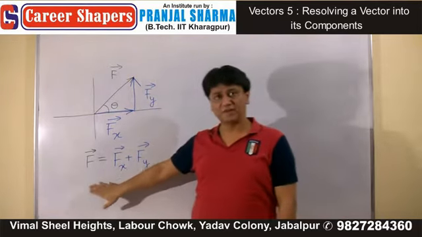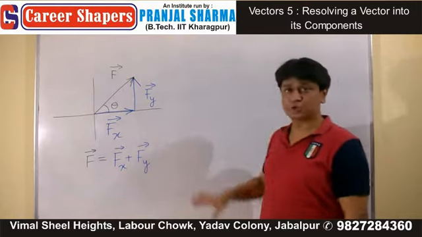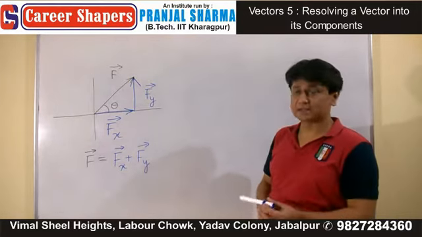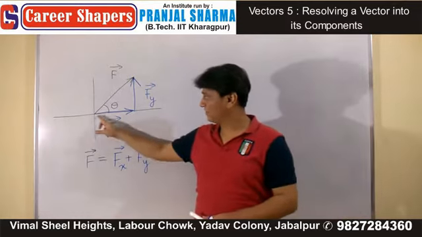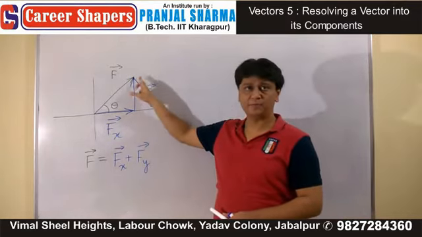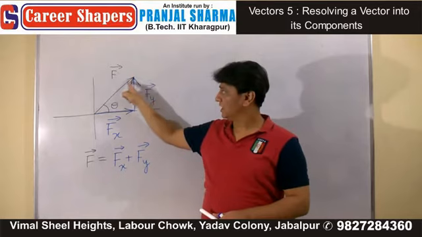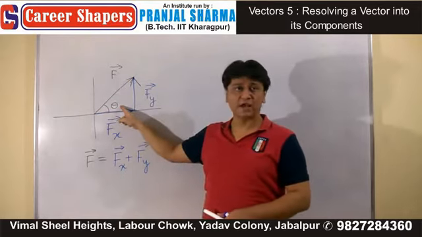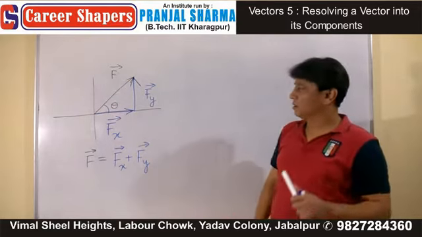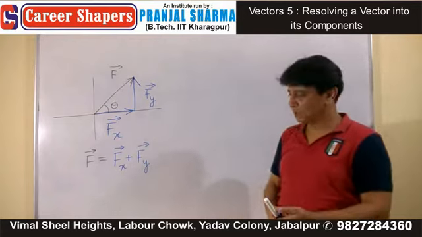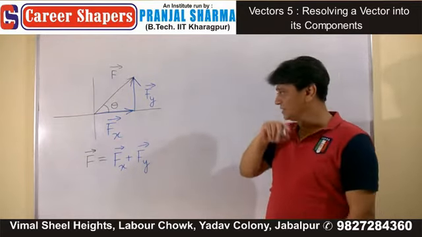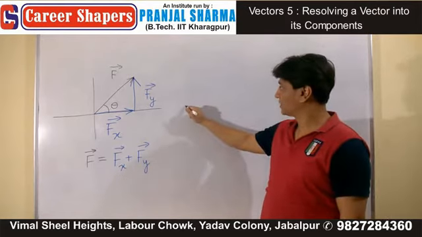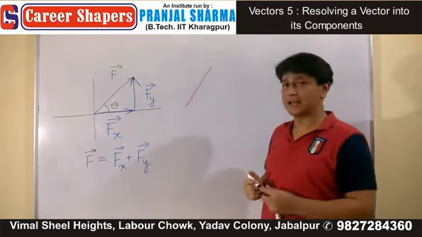This is something which we have done in the last class, and also the next step. In the next step, we will measure the length of Fx and the length of Fy in terms of the length of this line and the angle theta. We know that length in vectors is nothing but magnitude. So what we had done in the last class, we drew this length.